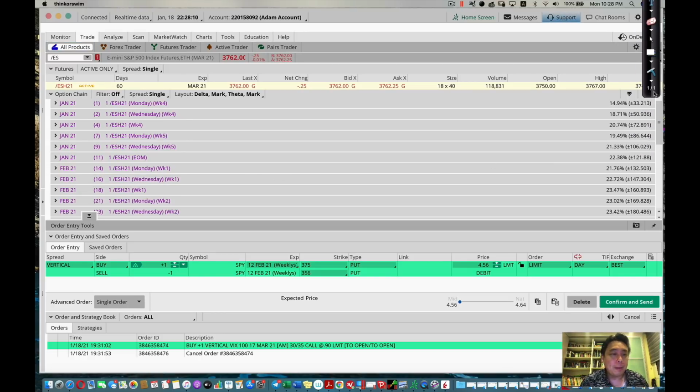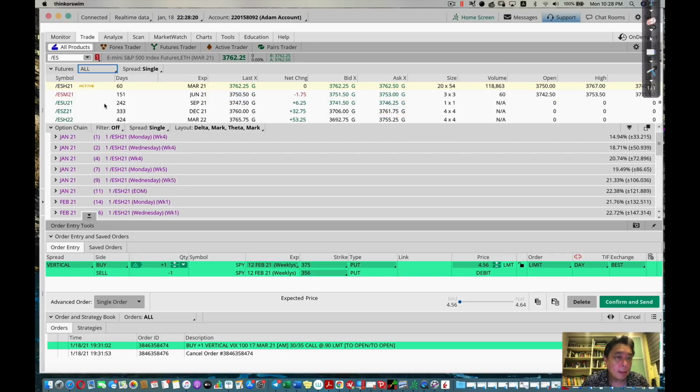But I mentioned initially that the futures itself has an expiry date. You can see these are the futures. You've got the March contract, the June contract, the September contract, and the December contract. They're basically 4 contracts.